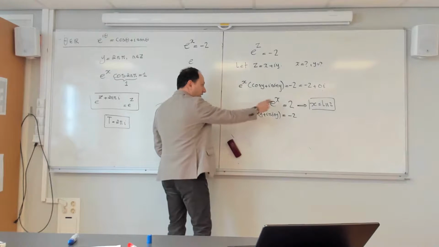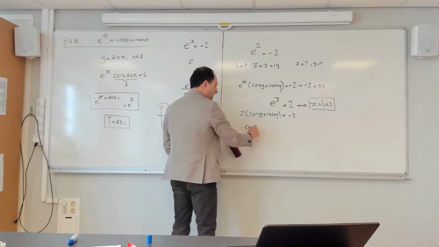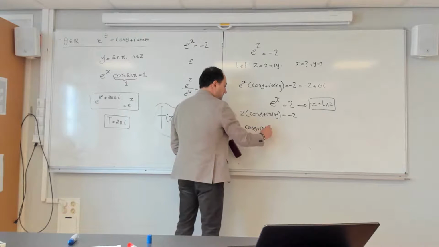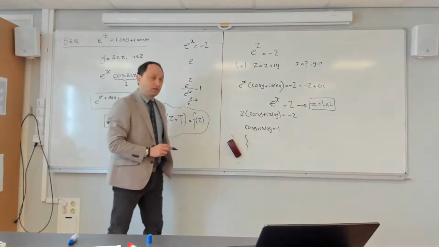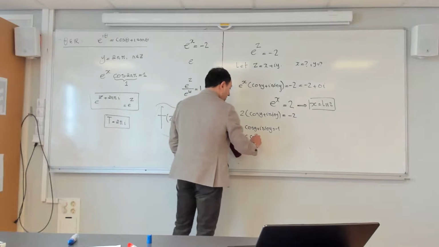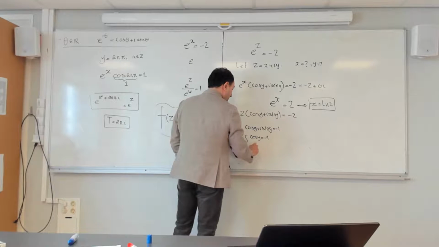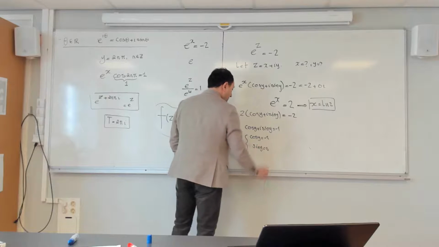Now I can divide everything by 2, so cosine y plus i sine y equals -1. This gives me a system of equations: cosine y should be -1 and sine y should be 0.